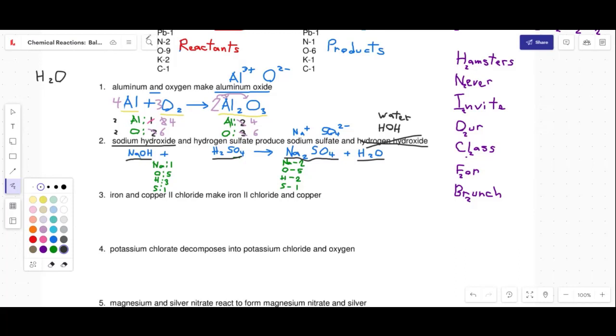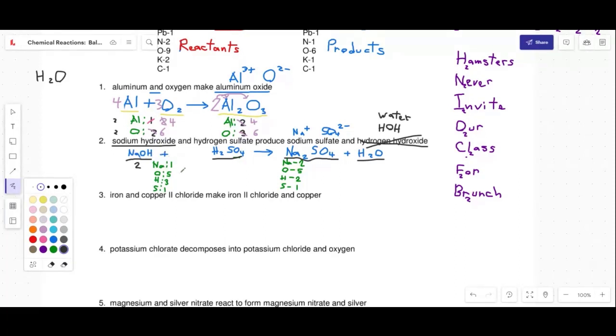Are you asking how many times sodium appears in this equation? Yes, how many different substances? It's 2. It only appears in 2 places, 2 substances.